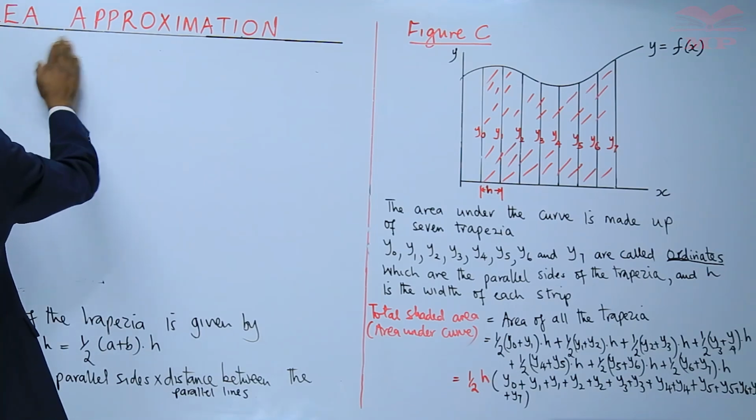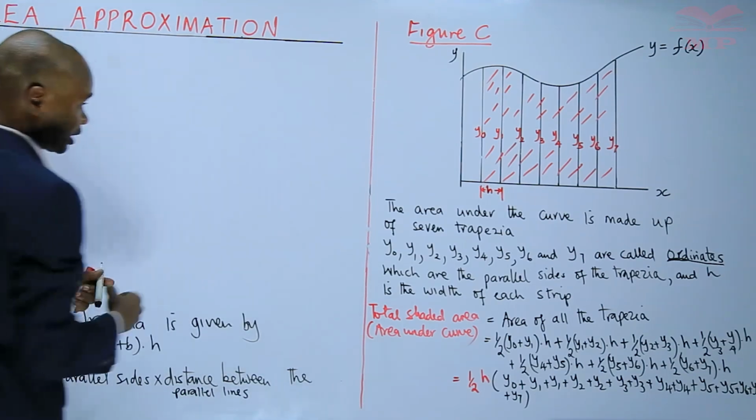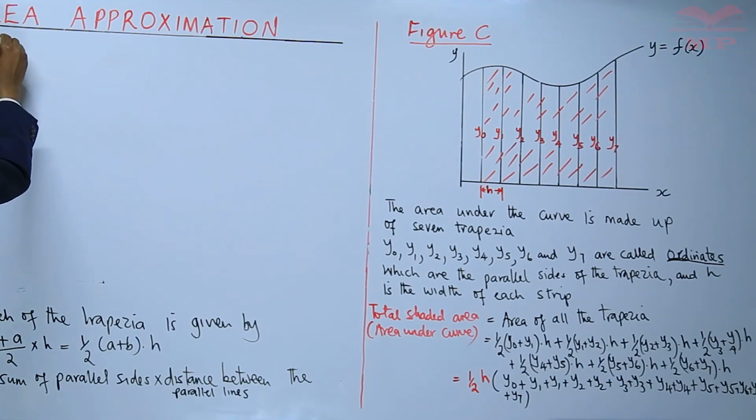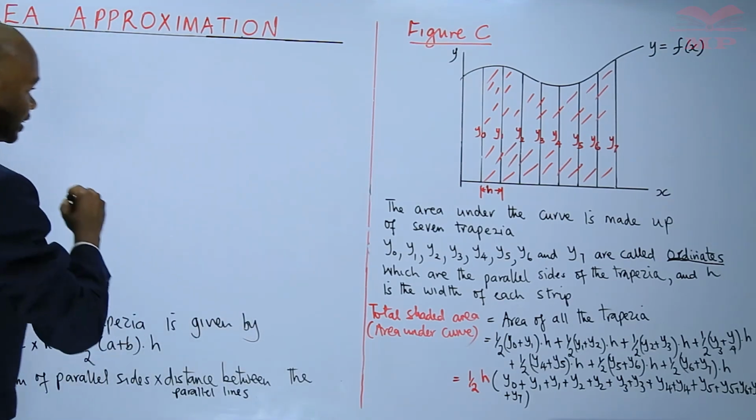So on factorizing, you'll get a half h into brackets: y0 is appearing once. Y1 is appearing twice.